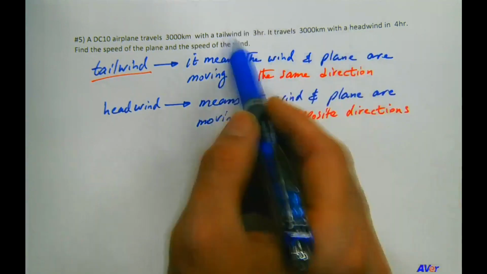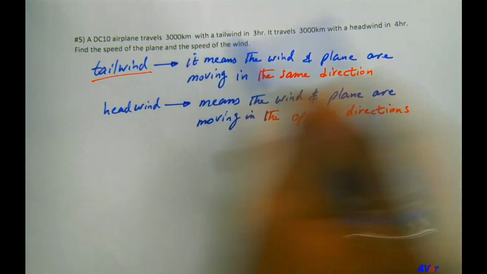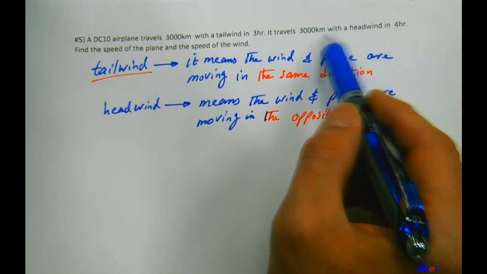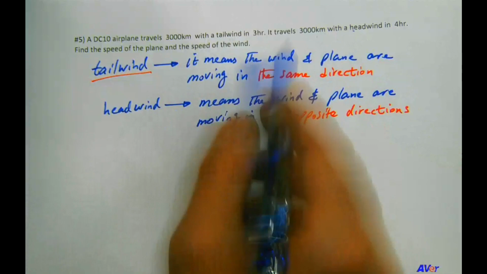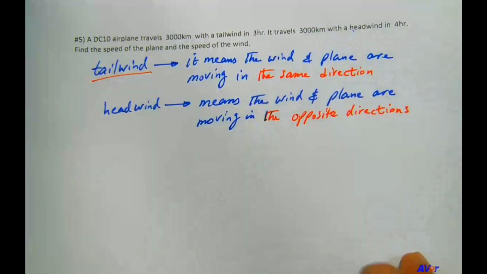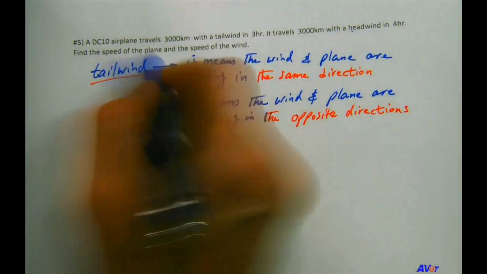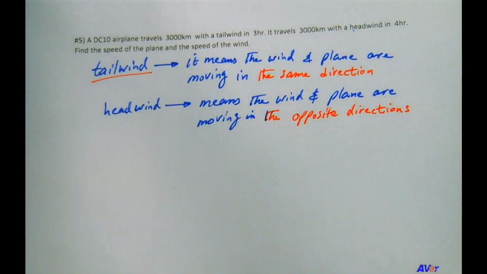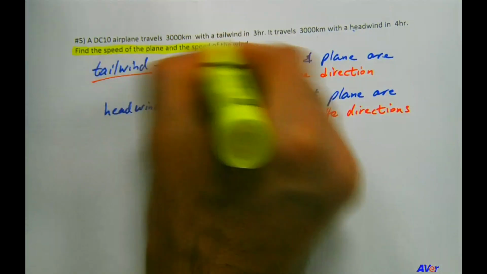It takes the plane 3 hours to travel the 3,000 kilometers with a tailwind, and it takes the plane 4 hours to travel the same distance with a headwind. Okay? So, the distance doesn't change, right? The distance is 3,000 kilometers. So, time, and they're asking to find the speed of the plane and the speed of the wind.